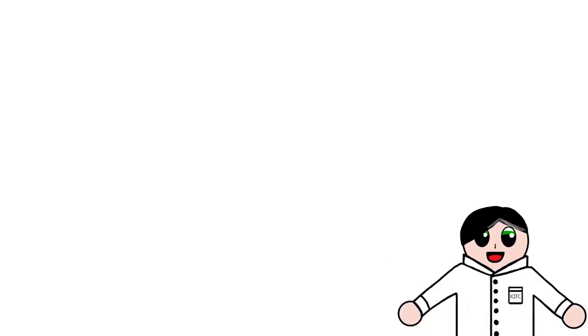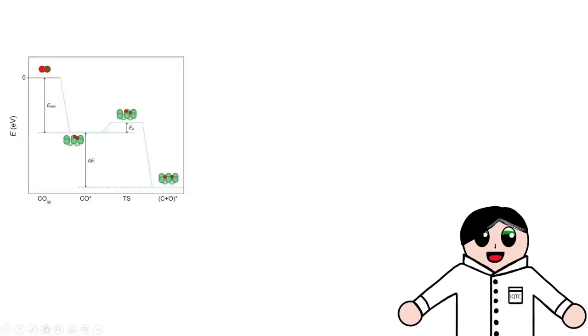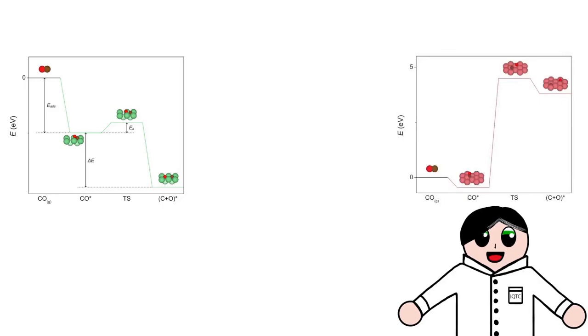Now, if we look into the specific data, we can find three different situations. First, early transition metals have been found to adsorb the CO molecule very strongly and to be able to dissociate it with a very exothermic reaction and low activation barrier. On the other hand, we have the complete opposite with late transition metals that interact weakly with the CO molecule, and the dissociation reaction is very endothermic with high activation barriers.